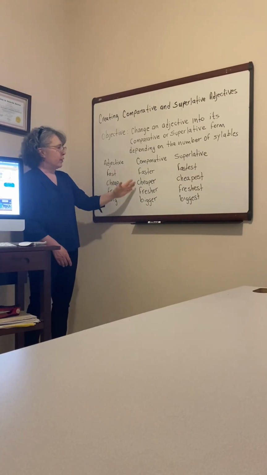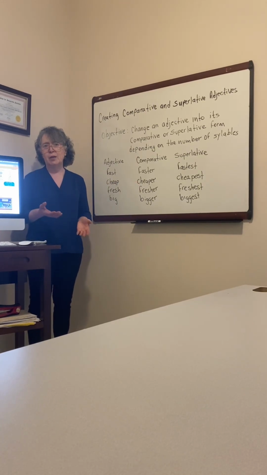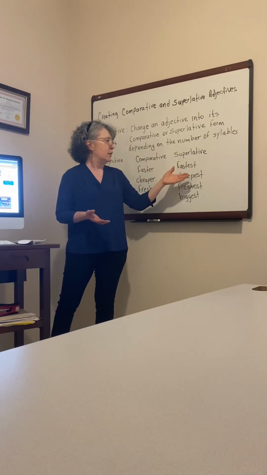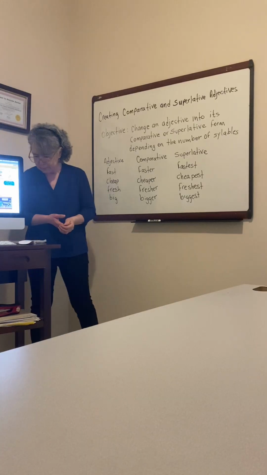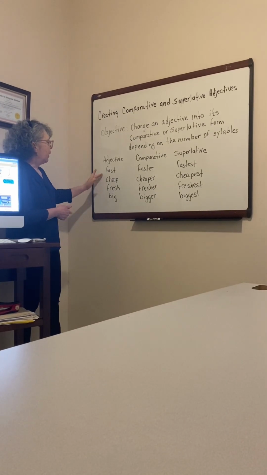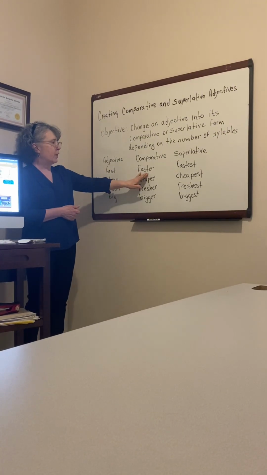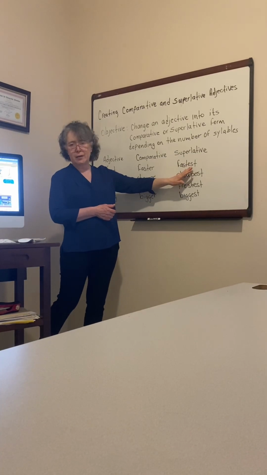The comparative form helps us to compare two things, one to another. The superlative form helps us to compare three or more things. We have here fast, comparative faster, and then the superlative fastest.